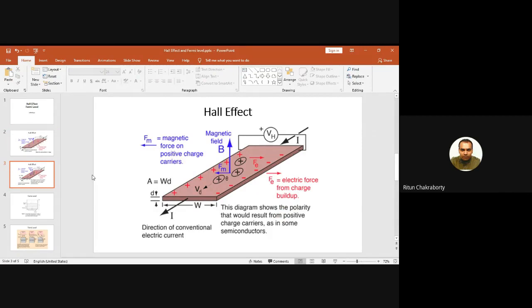This is a p-type semiconductor, and therefore holes have moved to one side, and the minority carriers or electrons have moved to the other side. Nevertheless, we will be able to observe a voltage developed across the material called Hall voltage, and this Hall voltage is perpendicular to both the current and the magnetic field.